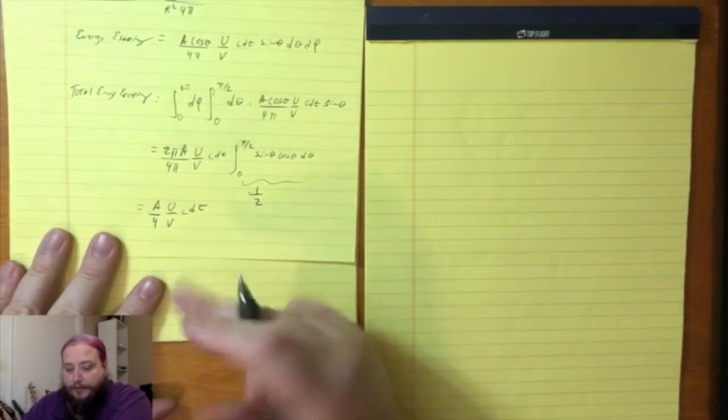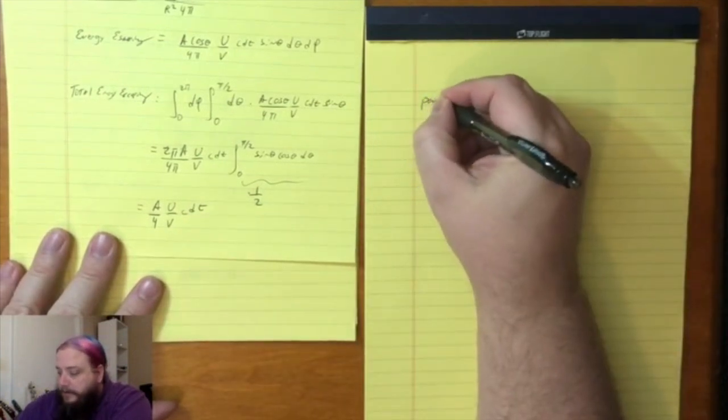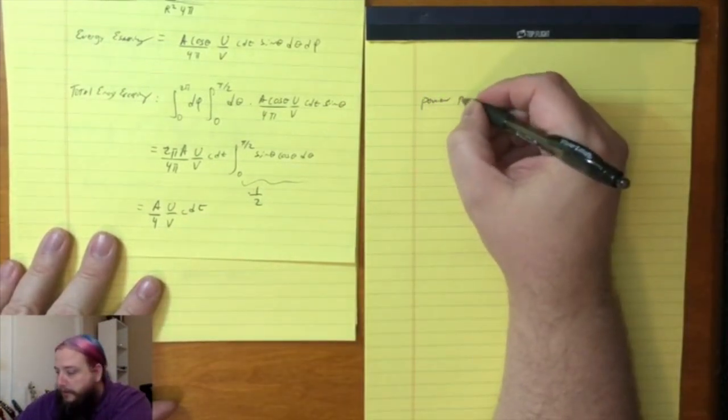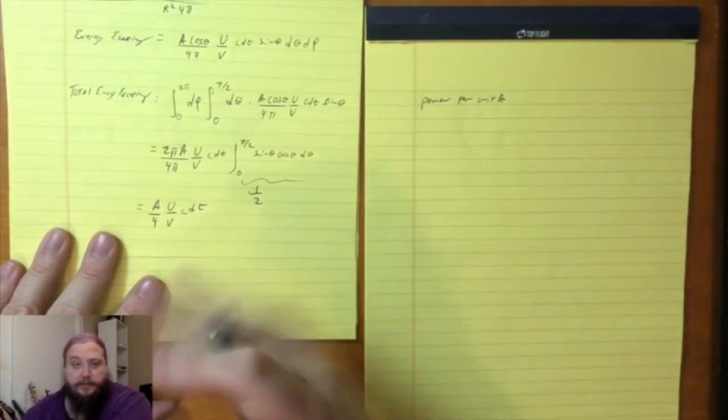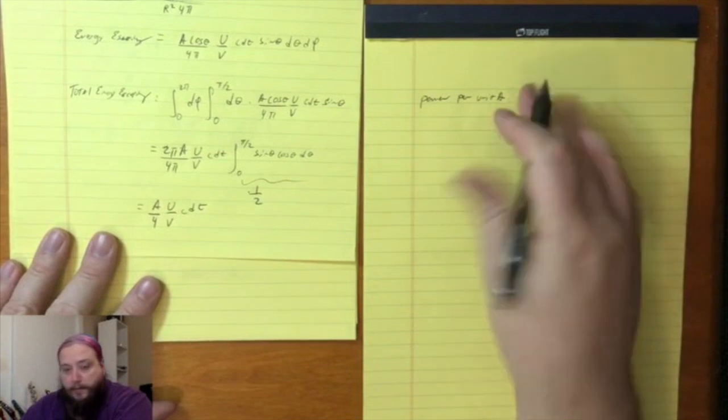Let's convert that to a power per unit area, right? So the bigger the window, obviously, the more power is coming out.